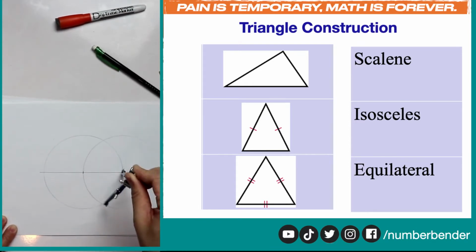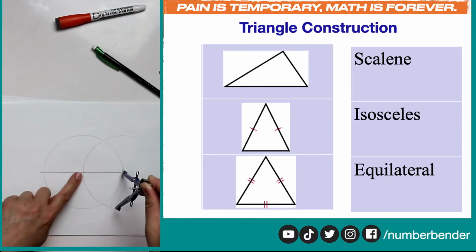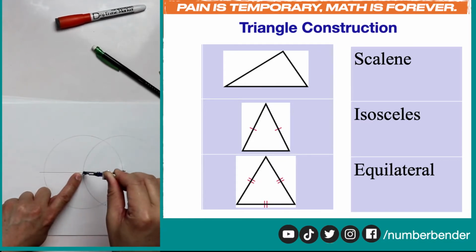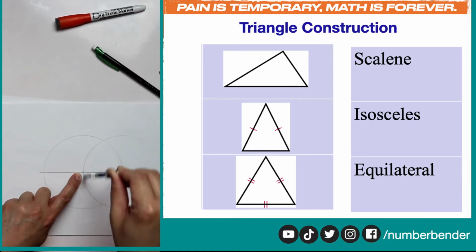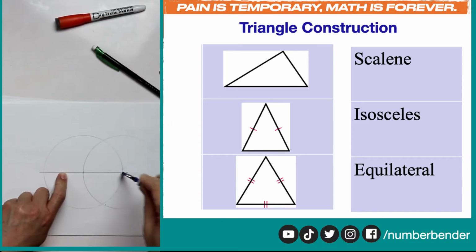You don't need to complete another circle, you just need a curve, because you'll notice, and you'll know that you did it right, because the radius is intersecting your curve from this circle.